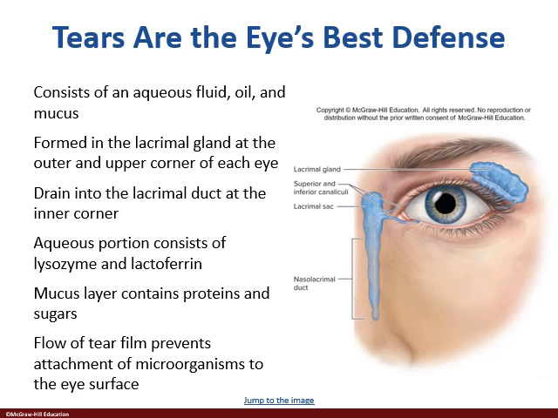But there are also going to be different proteins, enzymes such as lysozyme and lactoferrin, that are going to inhibit bacterial growth. Lysozyme, remember, is an enzyme that lyses gram-positive cells. Lactoferrin is going to interfere with the absorption, the taking up of nutrients, so basically starving out the microbes.